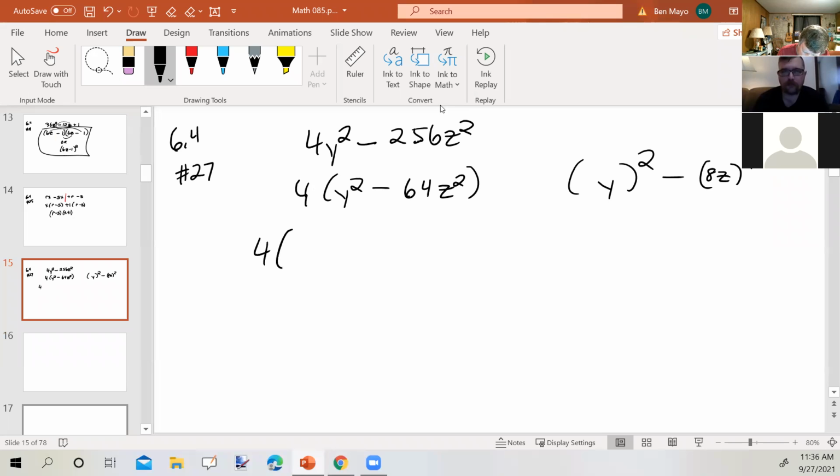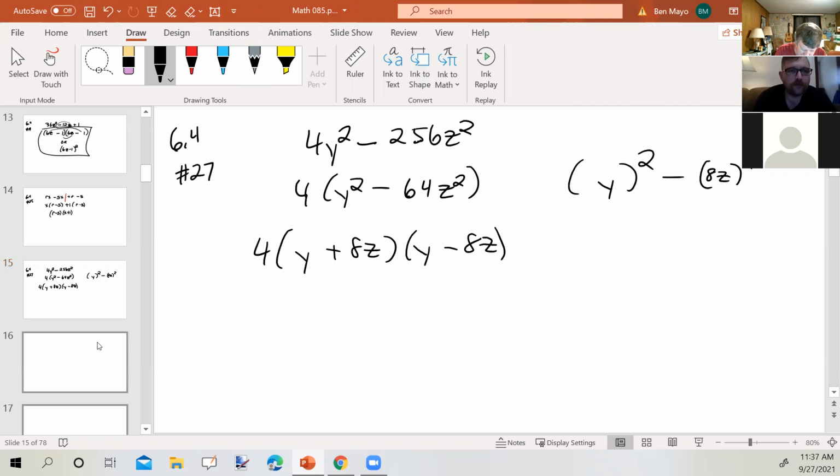So I get 4 times y plus 8z times y minus 8z. And there you have it. Any other questions from anybody that's here right now before we go on to section 6.6? Okay, well then let's go on.